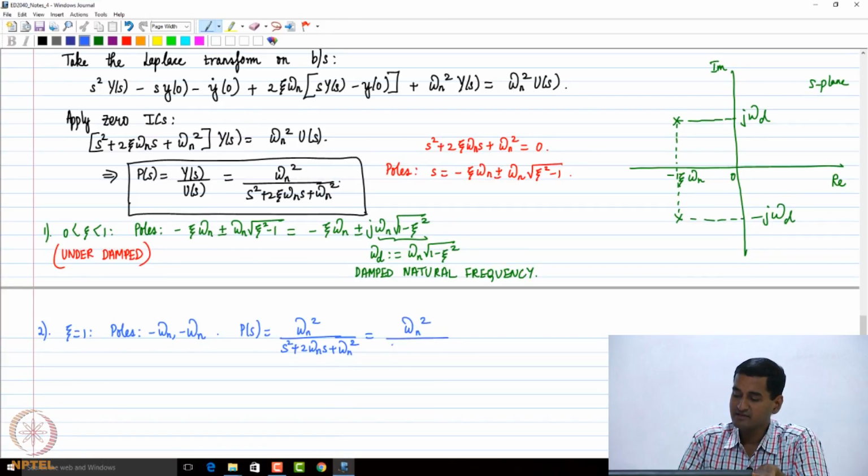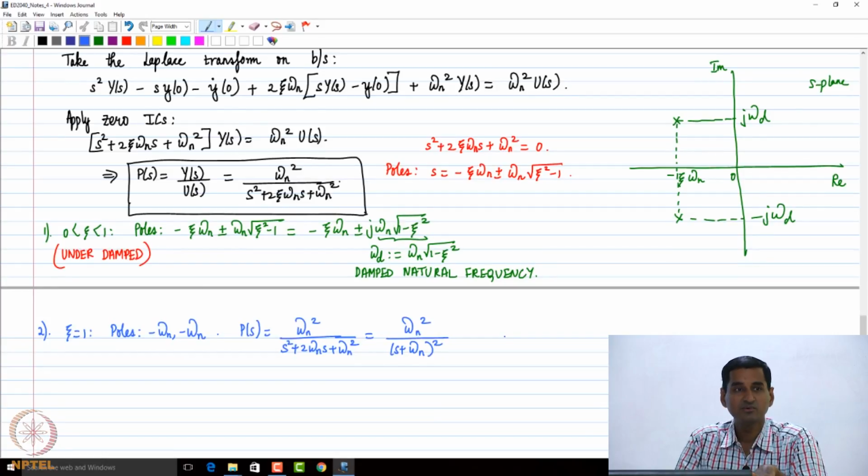So this can be rewritten as omega n squared divided by s plus omega n whole squared. The denominator becomes a perfect square, so that's why we have a pair of repeating poles at minus omega n. I can say that we are going to have two poles at minus omega n.